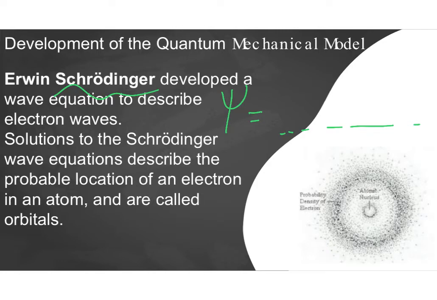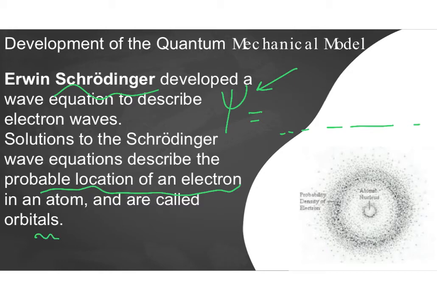And when he solved these mathematical equations for the wavelength of electrons in an atom, he came up with regions of space which describe the most probable location of an electron. These regions of space that tell us where an electron is likely to be found are called orbitals.